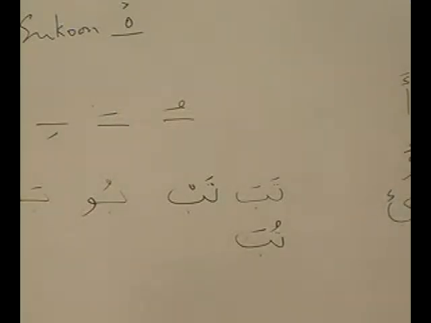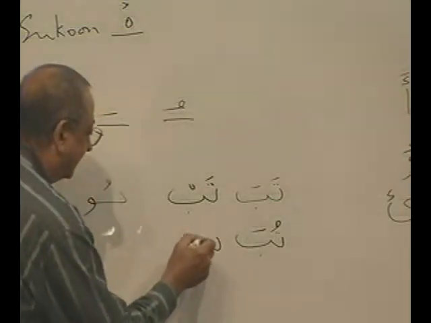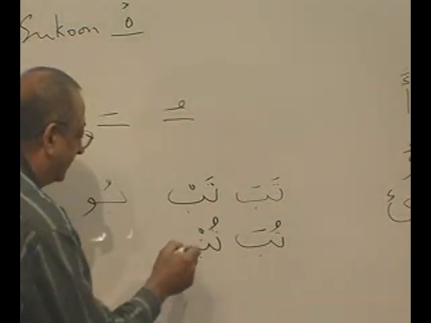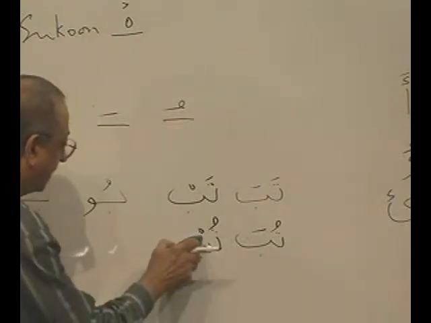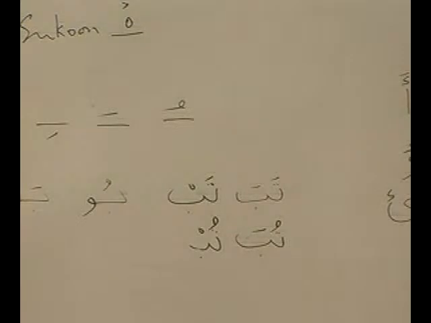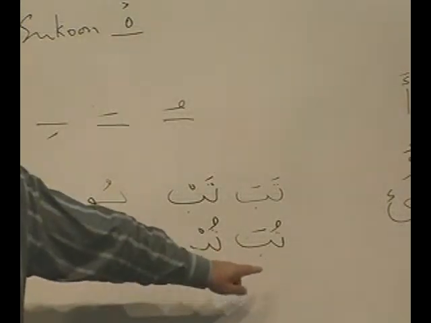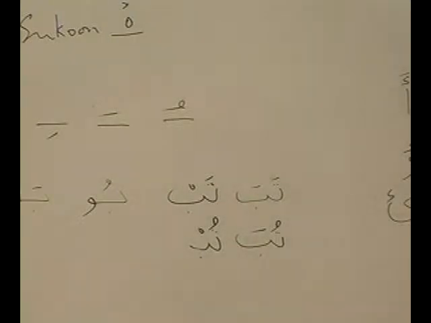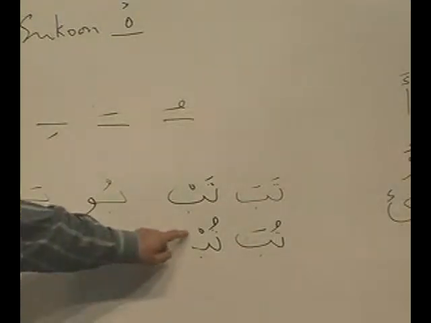See how you pronounce ba? Tab. Now if I say like this, what is it now, brothers and sisters? Tub. Here it was tuba, and here it is tub. So there is a sukoon on ba.